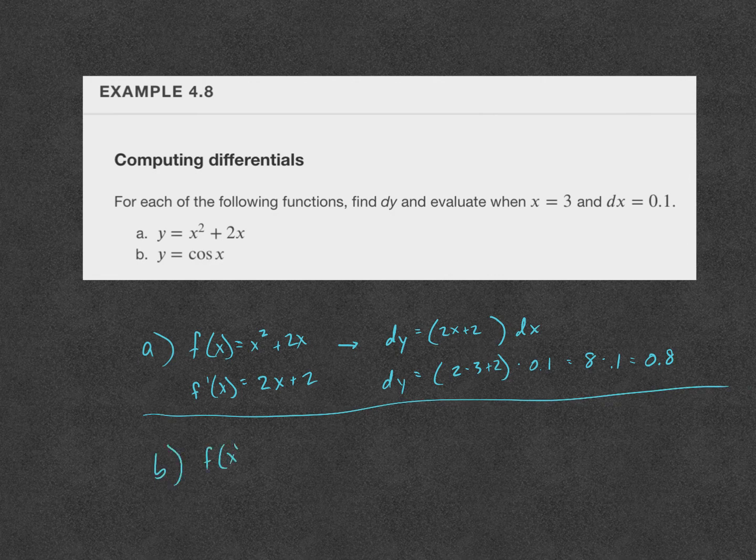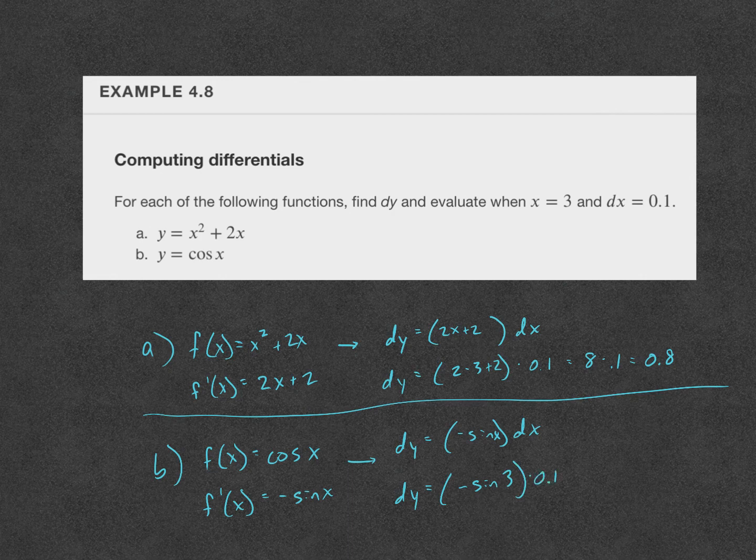Okay, that's A. Part B, y equals cosine x. I'm going to write it as f of x again, just so I don't get all confused with the dy's and the dx's. So we have the cosine of x, and then my derivative, f prime of x. Derivative of cosine is negative sine x. Now I can write my differential equation, dy equals negative sine x times dx. All right, and then we can substitute the given values. dy is equal to negative sine of 3 times 0.1.